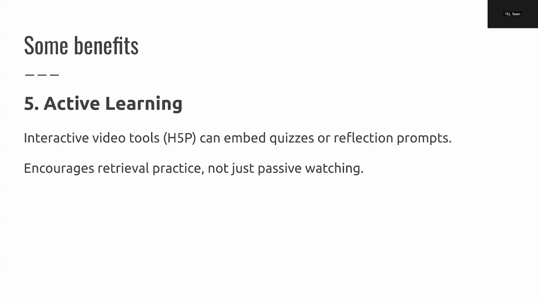For example, quizzes, chapter markers, reflection prompts, things that give students that extra layer of activity and engagement over the video. It encourages retrieval practice and not just passive watching of content.